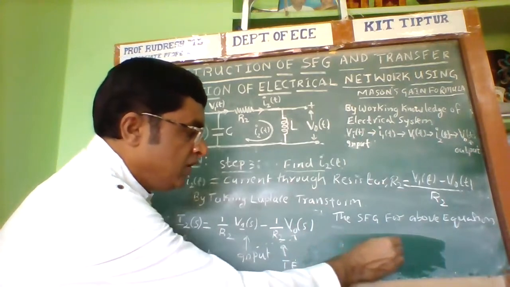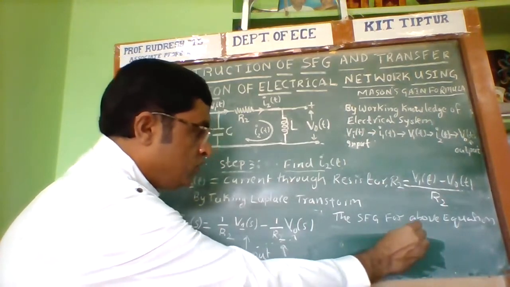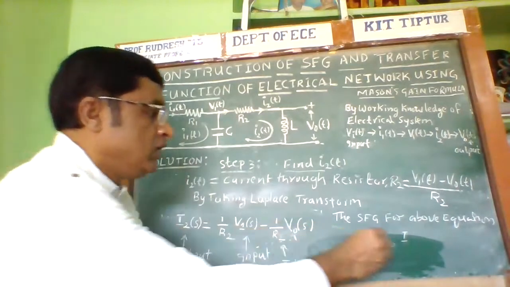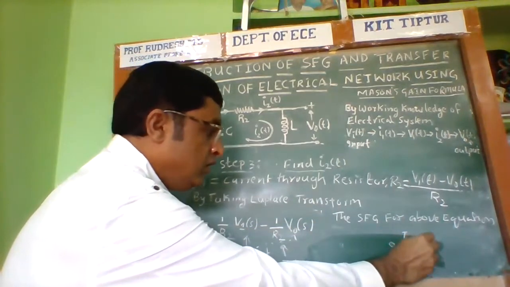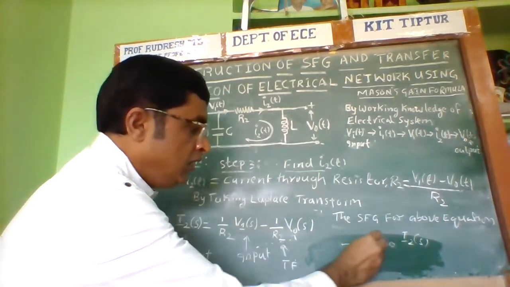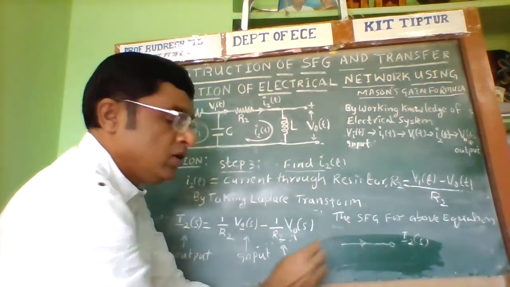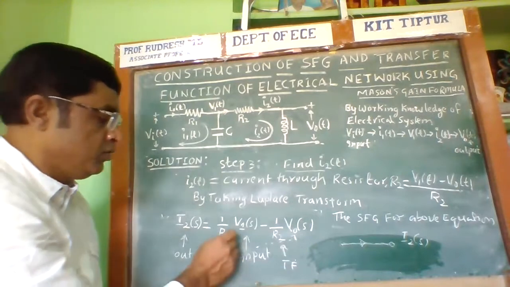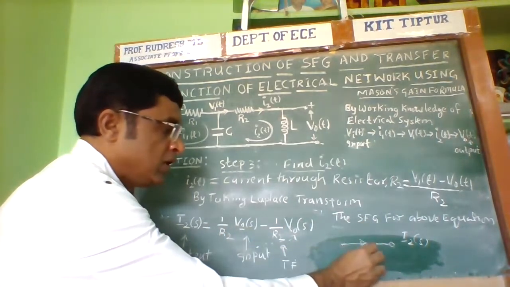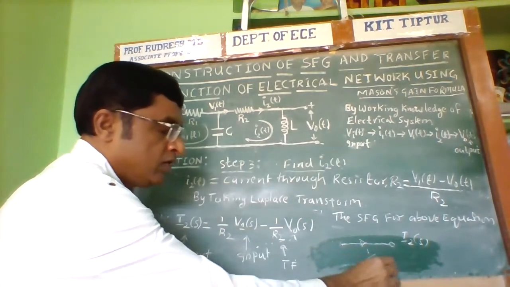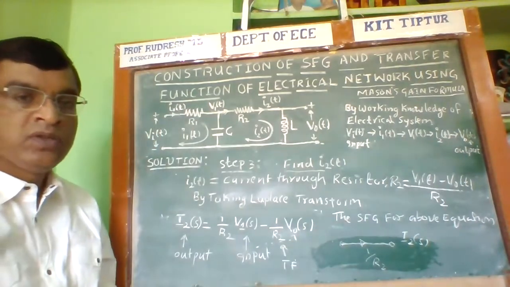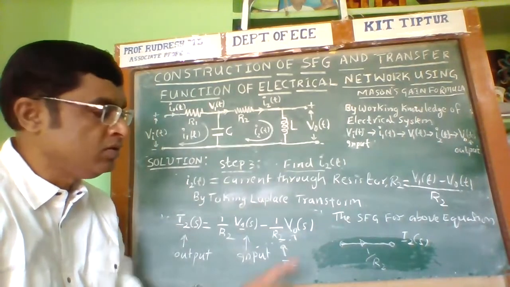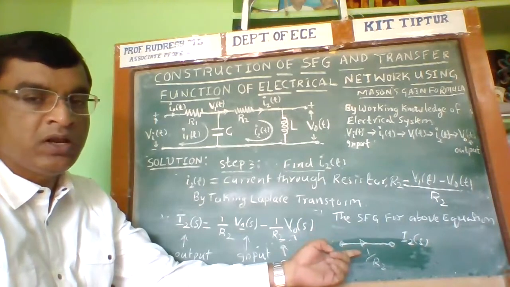Therefore, the output of any node, here the output I2 of s, is the input into the transmittance. This 1 by R2 is a constant assigned as the transmittance or gain of this particular branch.